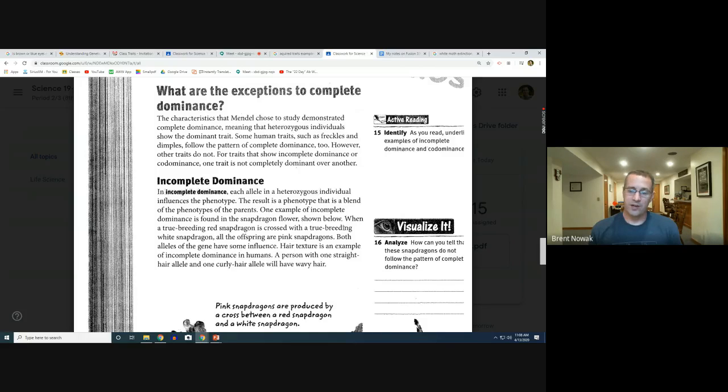A pause: heterozygous means you have a capital and a lowercase allele for that trait. Some human traits, such as freckles and dimples, follow the pattern of complete dominance. However, other traits do not. For traits that show incomplete dominance or codominance, one trait is not completely dominant over the other.